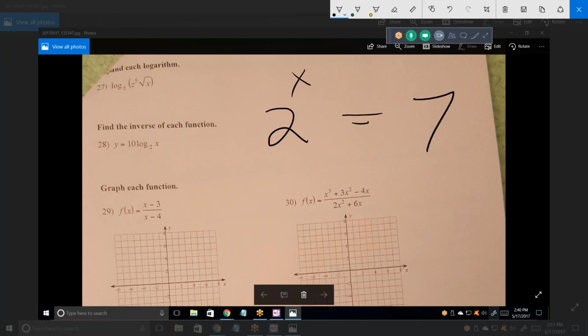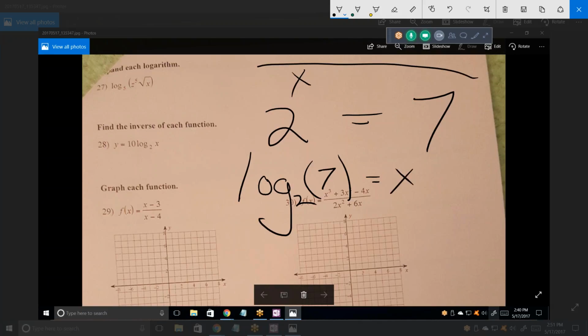So then that'll be log base 2 equals... The base is always what's under the exponent. Okay. So then log base 2 of 7 equals x. The only thing you have to remember to be able to do this is one thing.